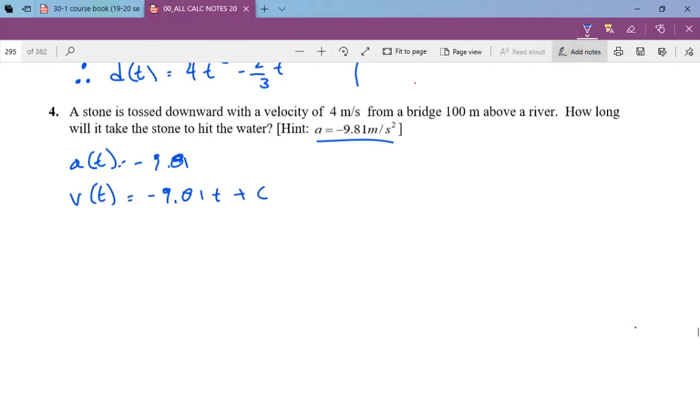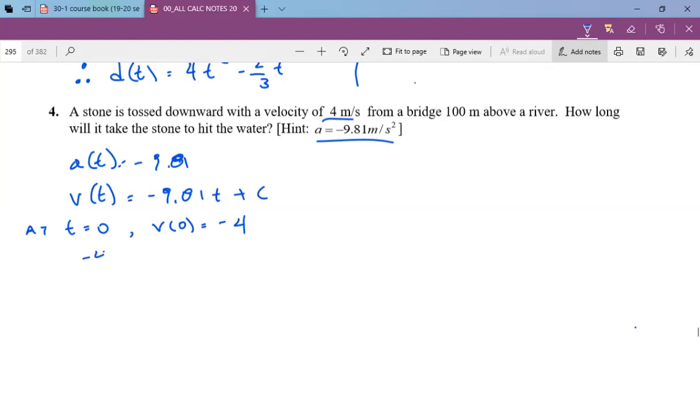Now we do have this initial condition that is told to us. A stone is tossed downward with a velocity of 4 meters per second. So that's at time 0. At t equal to 0, v at 0 is equal to negative 4. It's negative because it's being thrown downwards.